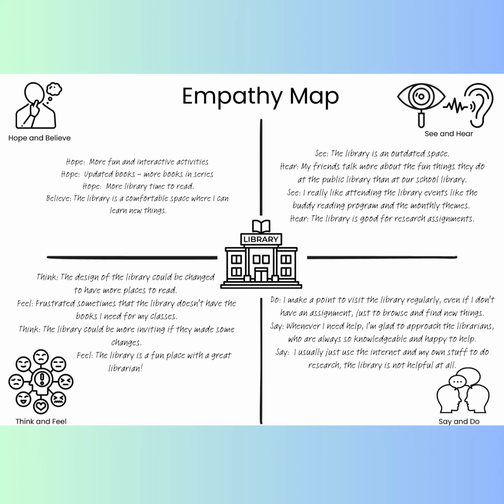But also, there were a couple of insights that were not something that I anticipated, and one of them was that the library seems outdated. So our library isn't even that old, really, but for a student to think that the library seemed outdated, I had to probe more and find out more information about why they thought that. So that's some of the things that you might be able to do when you're looking at your school library.